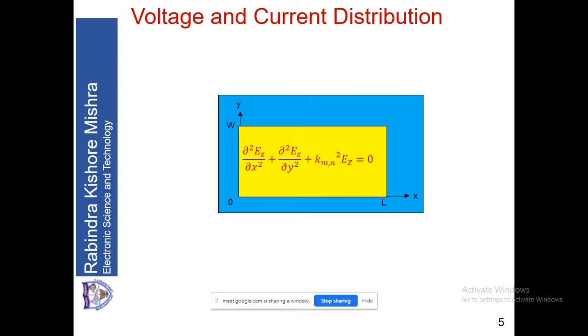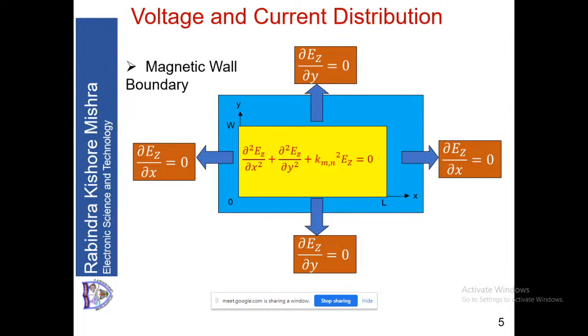Similarly, at x equal to 0 and x equal to L, along the y-axis we have open circuits, which means we have a magnetic boundary wall on these four sides. If we have open circuits along y and along x, then the derivative of the electric field is 0 on those walls.